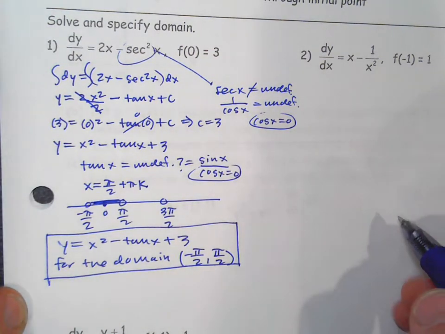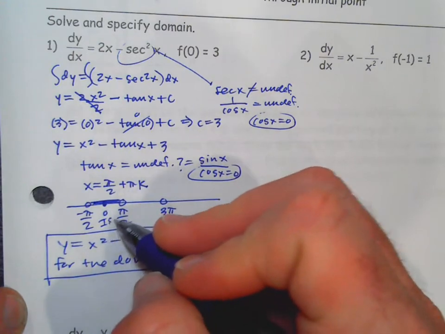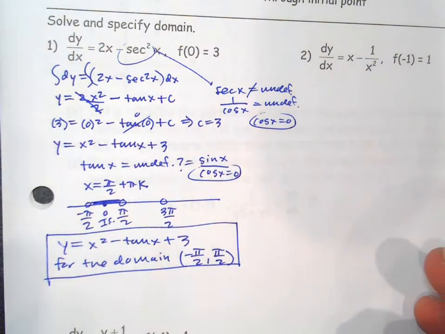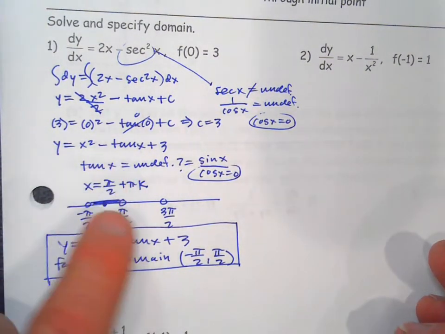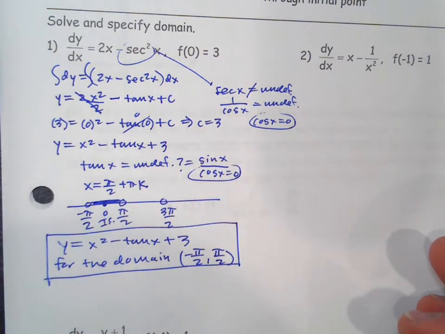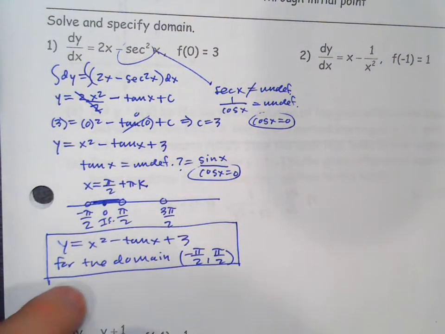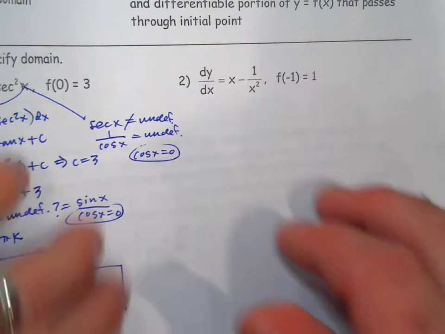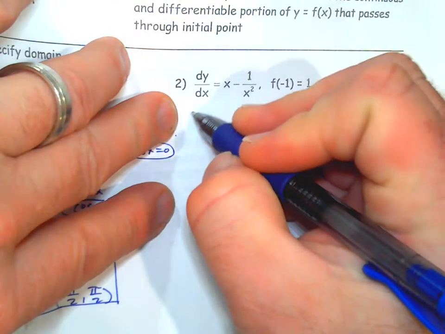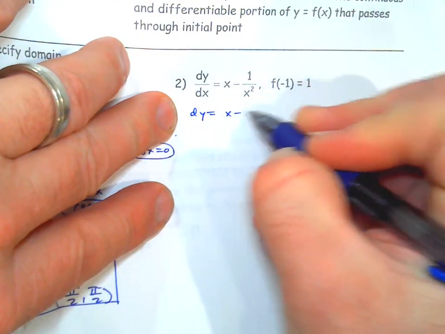Okay, the initial condition is what identifies which of these. This function on its own is all of these open intervals, lots of them. But as a solution to a differential equation, you can only do one open interval. Okay, so here, this one is pretty easy as far as separating the variables.